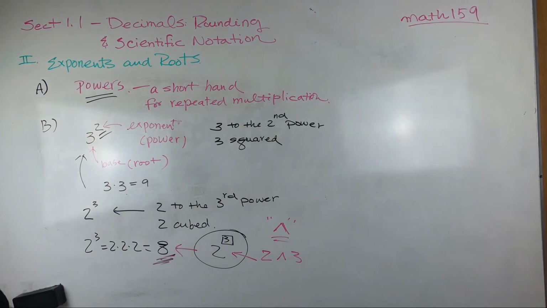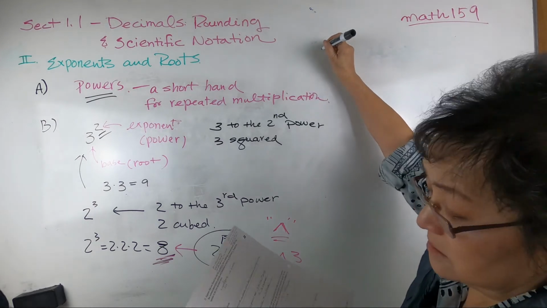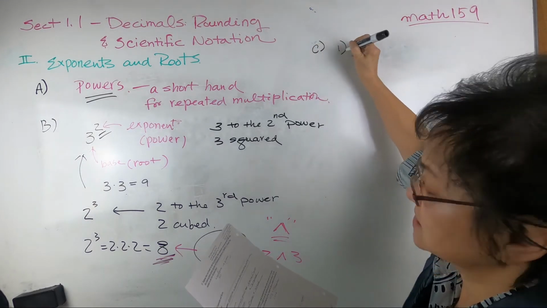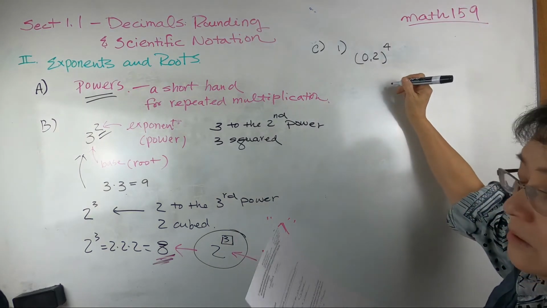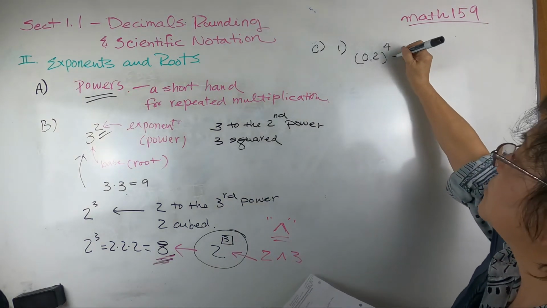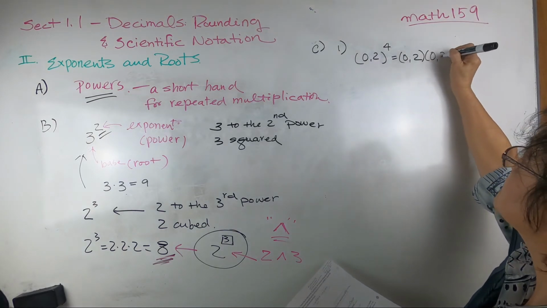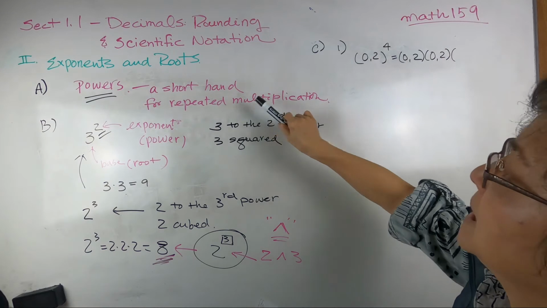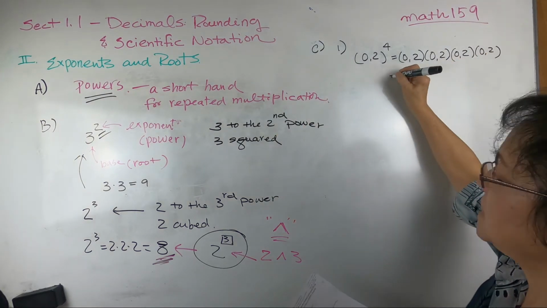If we ask you to do 0.2 to the 4th power, right? It means what? 0.2 times itself how many times? Repeated multiplication, right? 4 times.